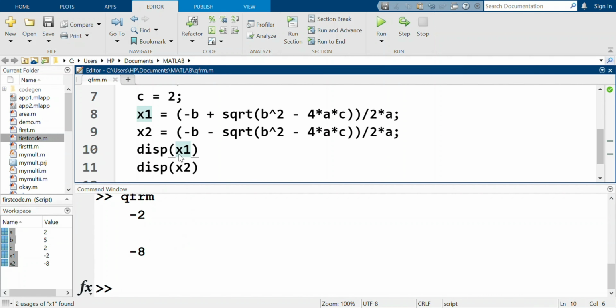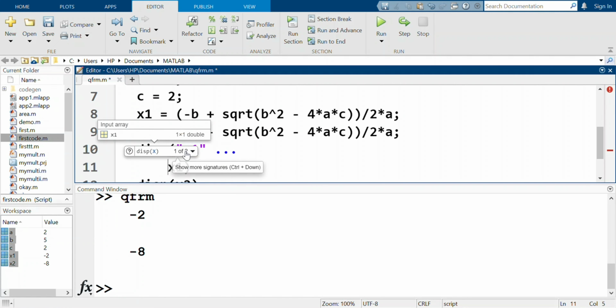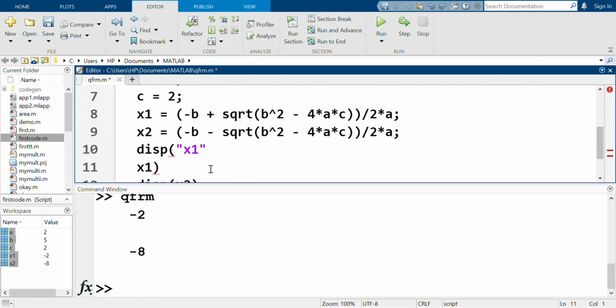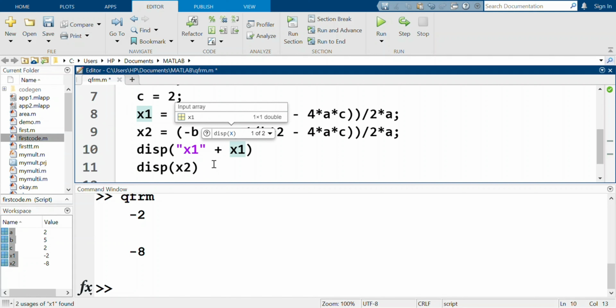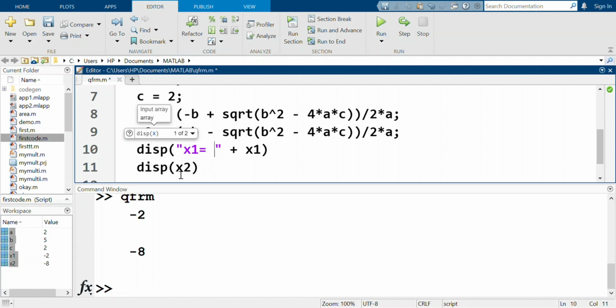Or you can write a text, x1, plus x1. So MATLAB will print a text, x1 equals, plus the value. So it's a text and this is a value.